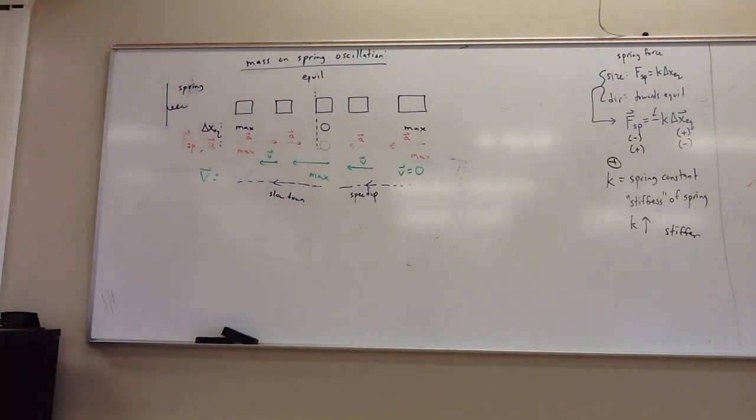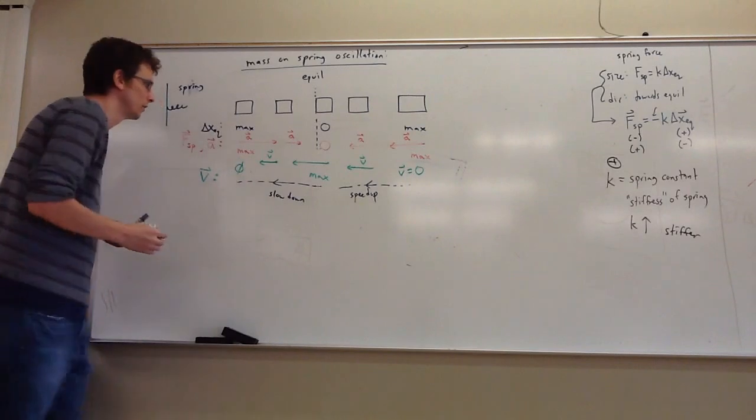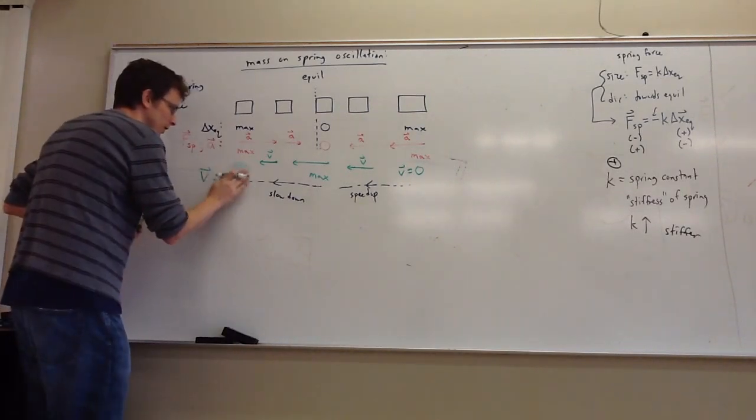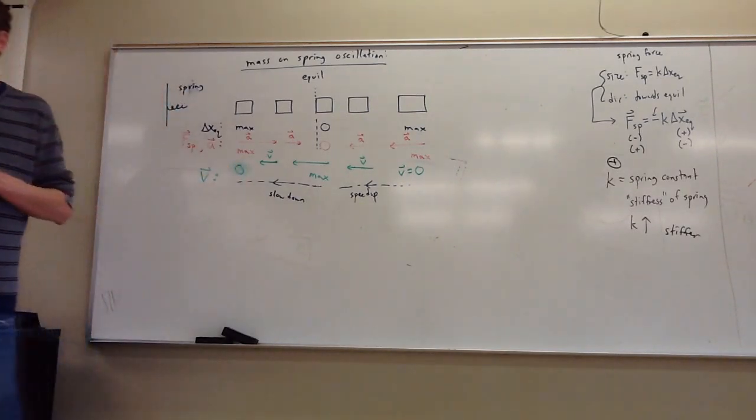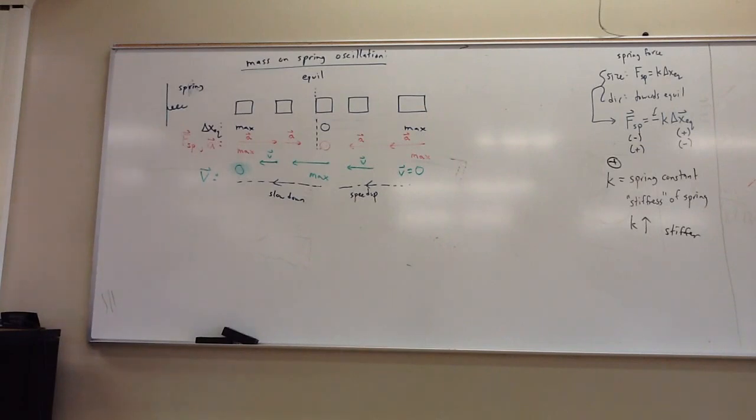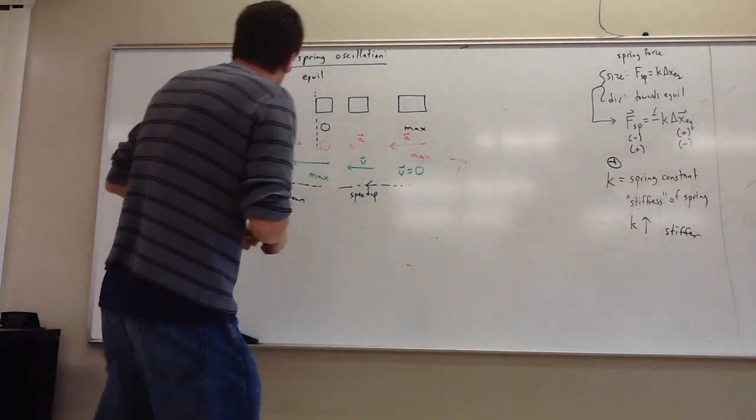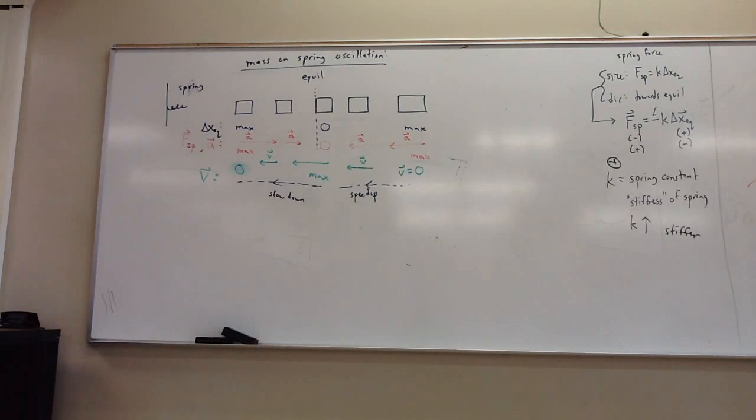And how fast are you going to be going at the other extreme? Stop. So your velocity is 0 again out here. I didn't draw a circle 0 with a slash through it on the other side, so let's try to be consistent, right? So you stop there for at least a moment, but do you stop there permanently?